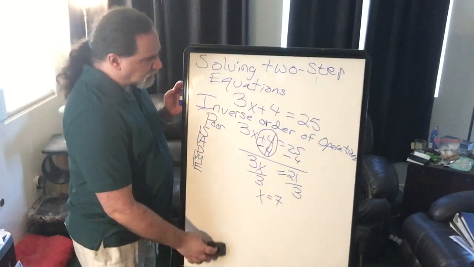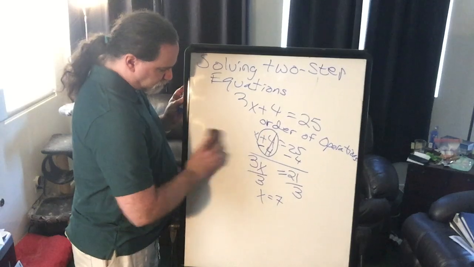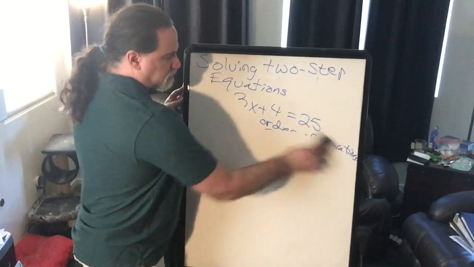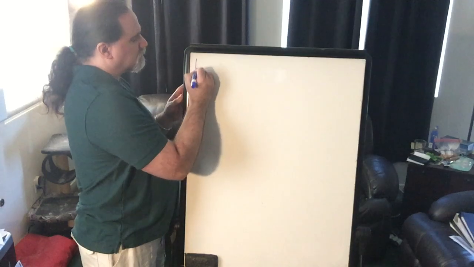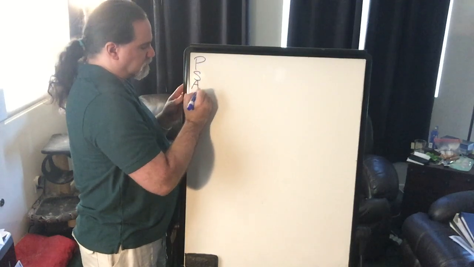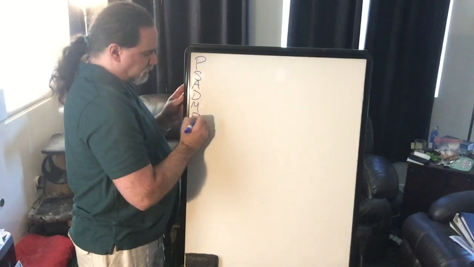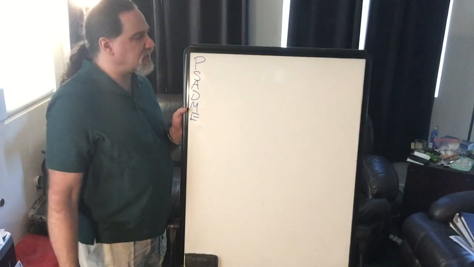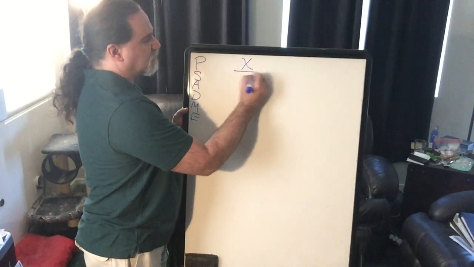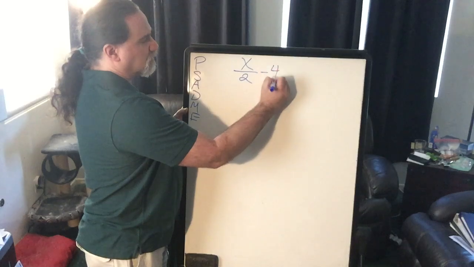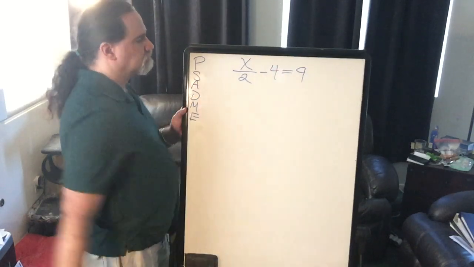All right, let's look at a couple more quick little examples here. Again, I'm going to put my little inverse order up here just so I have something to keep referring back to. And maybe, let's see, how about x divided by 2 minus 4 equals 9.